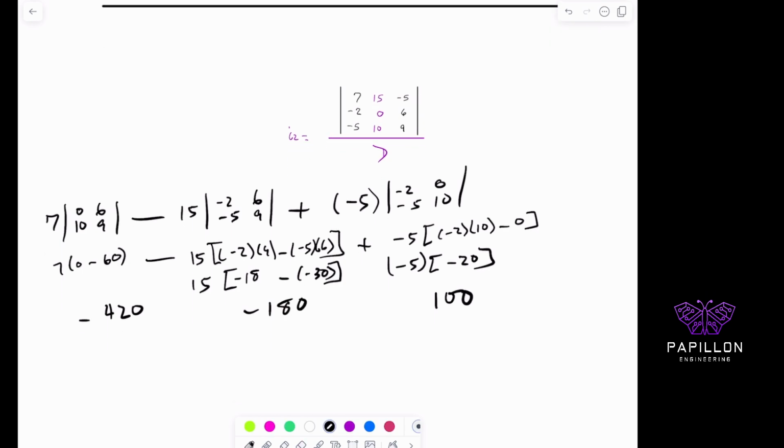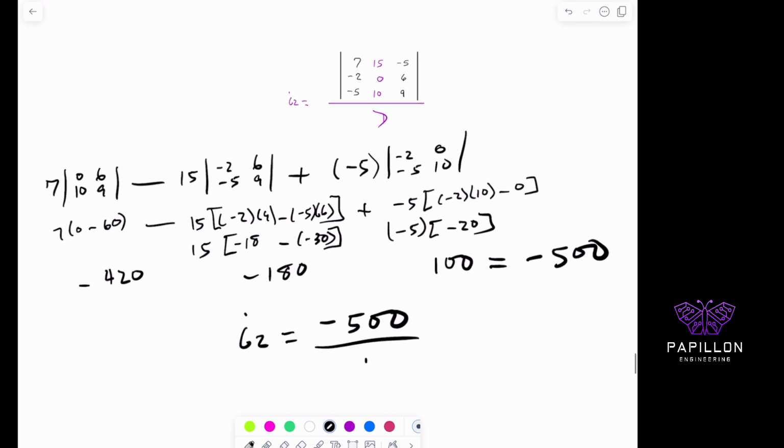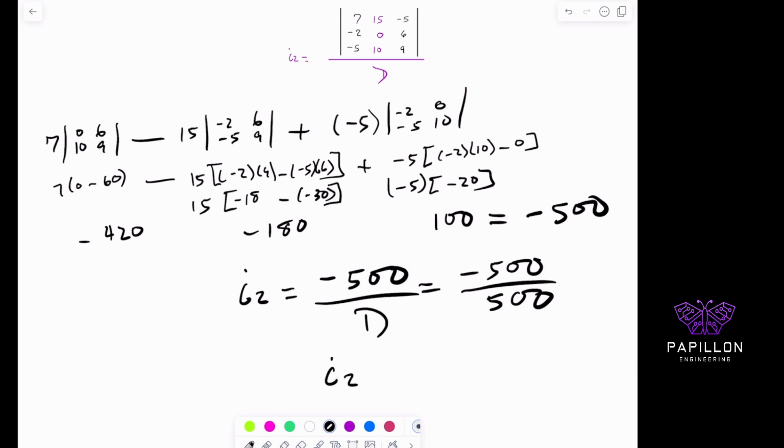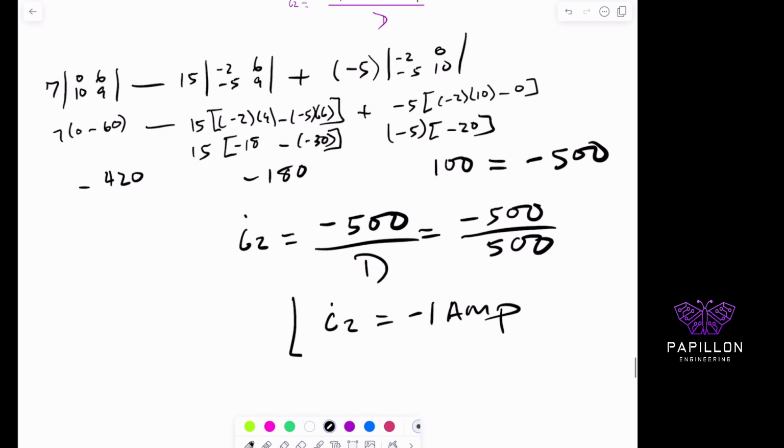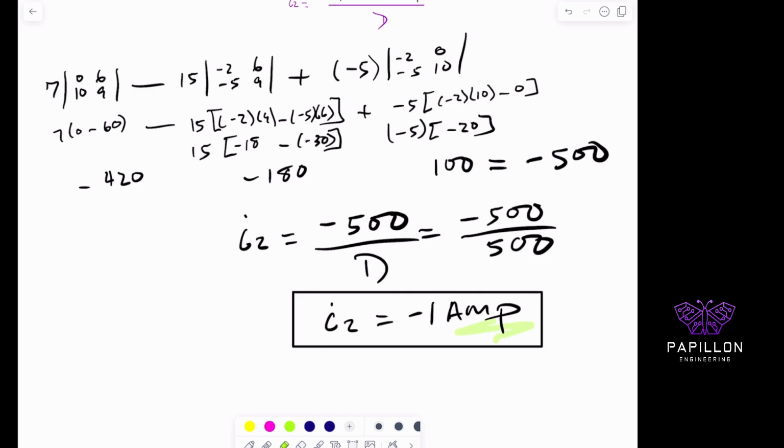So we get back that this entire thing sums out to be minus 500. So therefore I2 is going to equal minus 500 over D, where it's minus 500 over 500, and I2 equals minus 1 amp. Okay, it's always nice when these problems' solutions work out nice and crisp, like whole numbers, but that's not always the case, and then you get nervous, right, when things are not perfect. But again, we got lucky with this one.